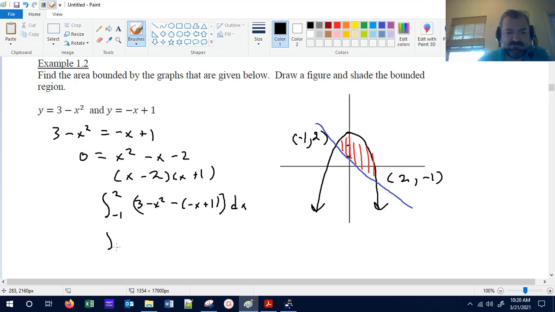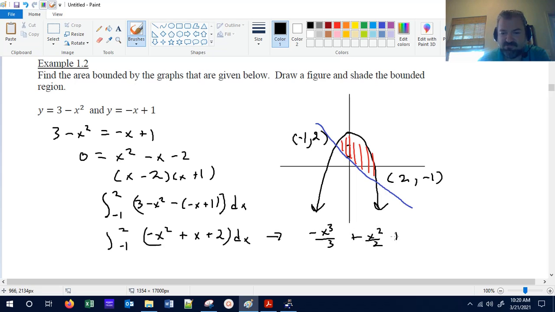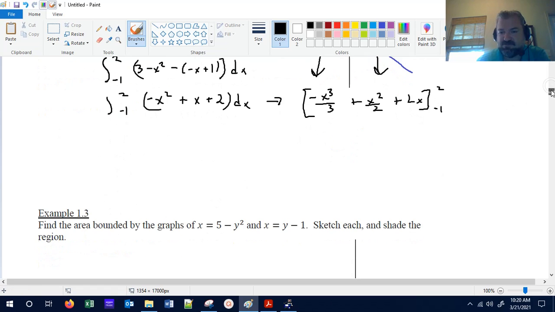I will go ahead and simplify this just a little before I start integrating. It gives me negative x squared plus x plus 2. And when we integrate that, we get negative x cubed over 3 plus x squared over 2 plus 2x. And we'll be doing that from -1 to 2. Just going to give myself a little bit of room here.